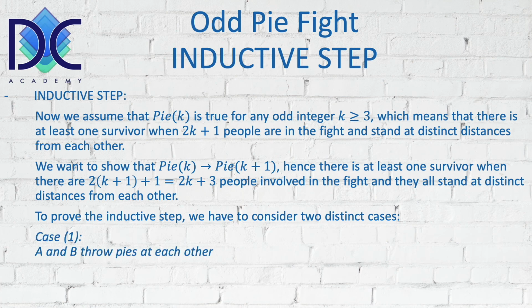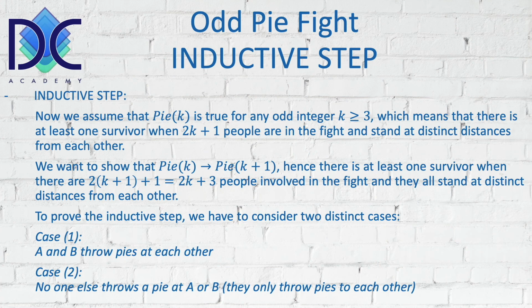The first case is A and B throw pies at each other. So A and B are the closest, they throw pies at each other, and that's a first possibility. Case 2, no one else throws a pie at A or B. They only throw pies to each other. So basically there is nobody else closer to A or B. They're all farther away from A and B than from other people in the game.